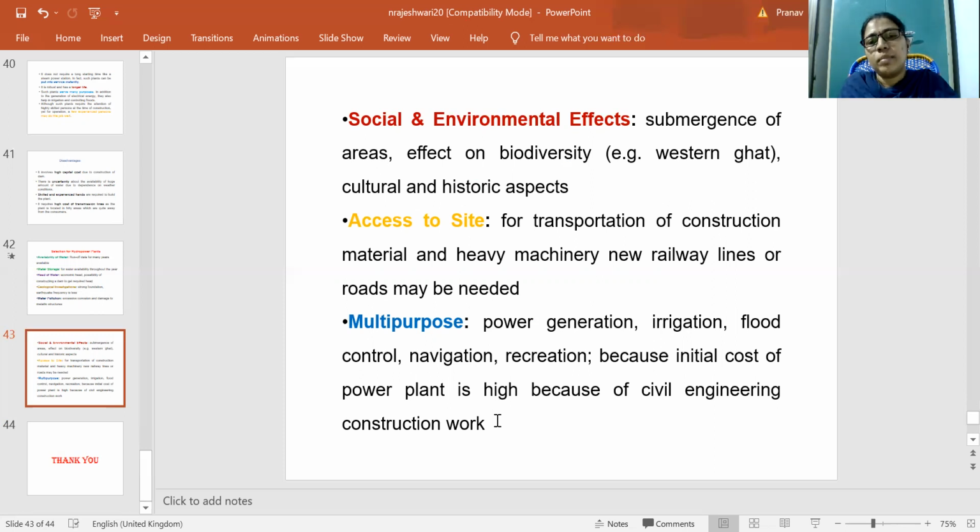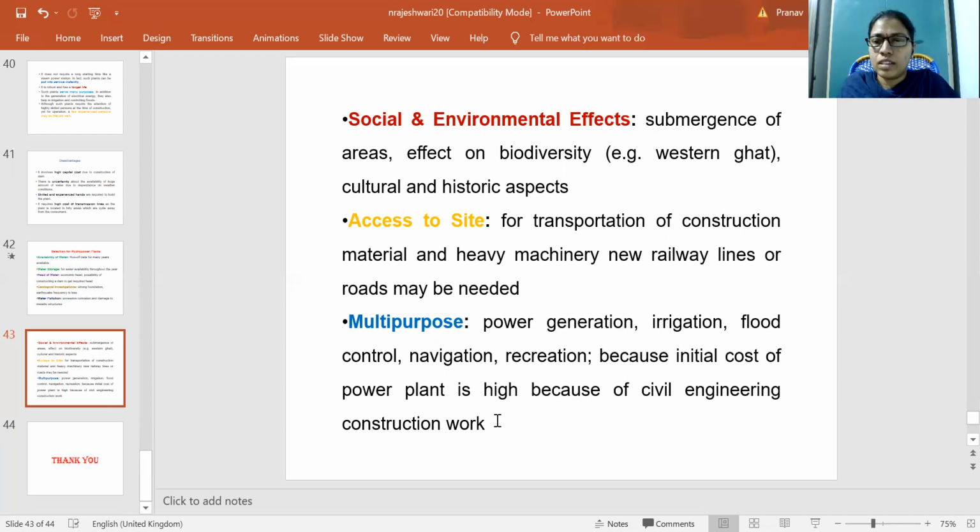And coming to the multi-purpose aspect, by constructing a hydroelectric power station, we are using it for multi-purpose works. One is power generation, and others are irrigation, flood control, navigation and recreation, because the initial cost of the power plant is very high because of civil engineering construction work.